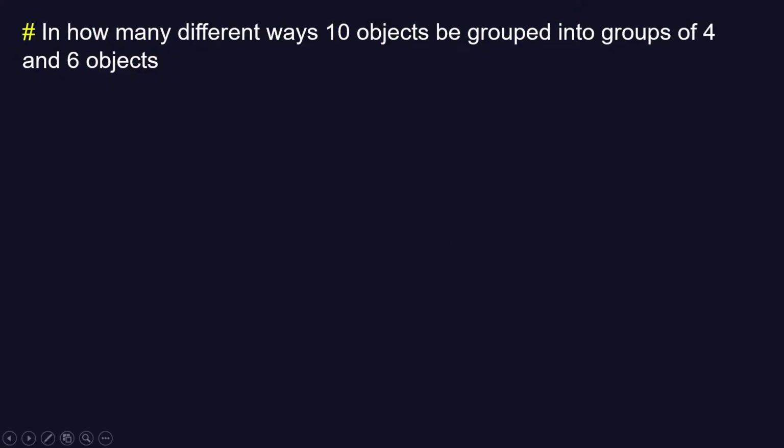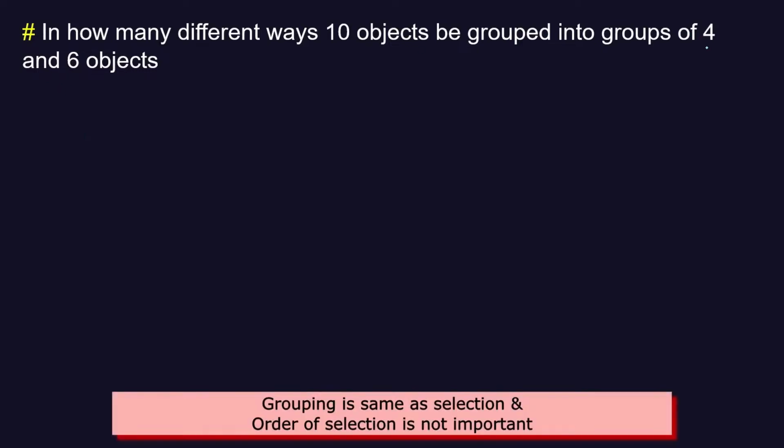See this question. In how many different ways can 10 objects be grouped into groups of 4 and 6 objects? Now if I use my C method, the combination, first I am selecting, because grouping is same as selection.